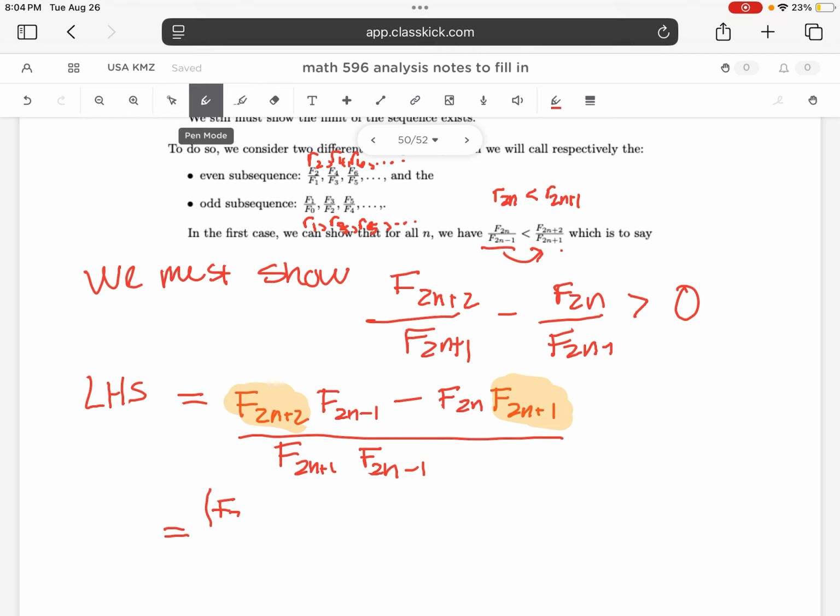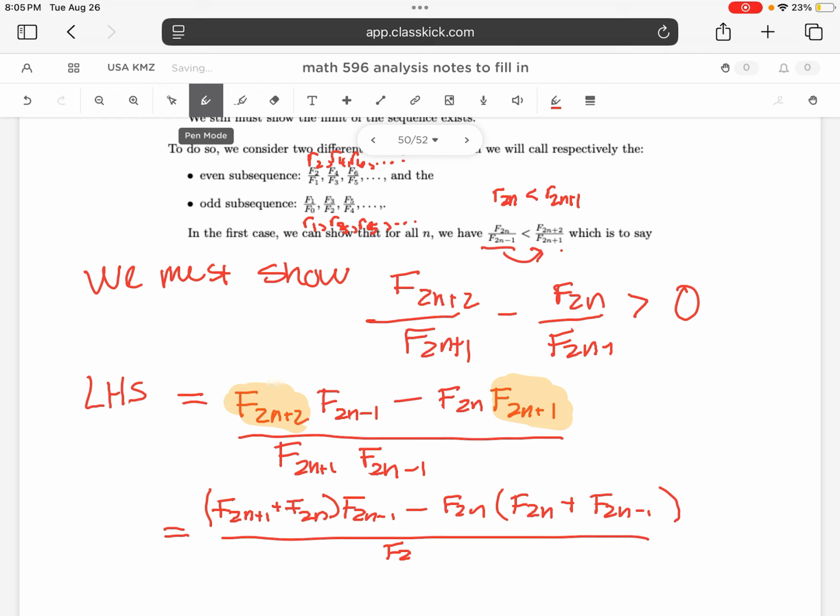That is f2n plus 1 plus f2n. That would be the previous two terms. And that's being multiplied by that f2n minus 1 term. On the right here, we still have an f2n, but I'm going to rewrite f2n plus 1 as the sum of the previous two Fibonacci numbers. That is f2n plus f2n minus 1. Still over the same common denominator.